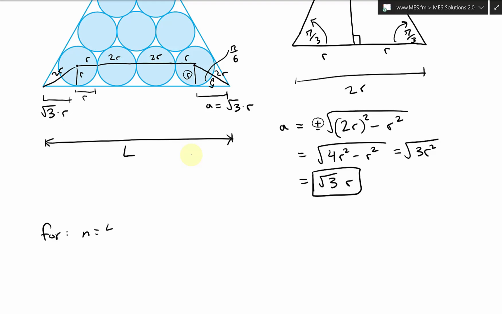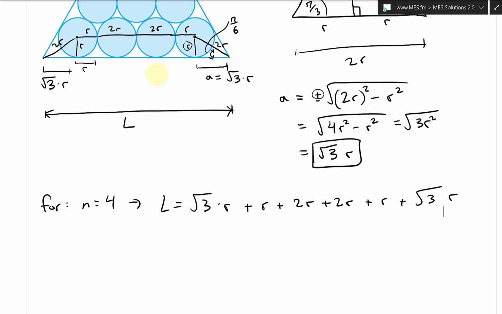For n equals 4, we have L is equal to square root 3 times r, plus r, plus 2r, plus 2r, plus r, and then plus the last one, a, which is square root 3 times r, like that.